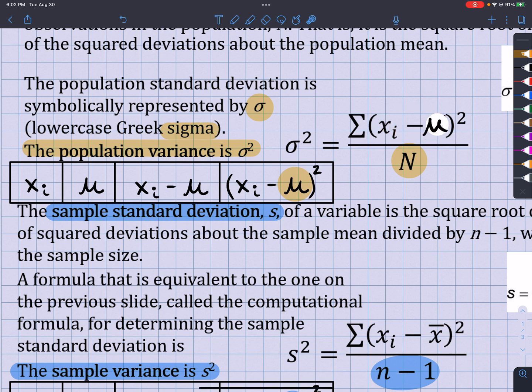After I subtract, I take that number and square it. At the bottom of this column, I add all of those numbers to get the sum of that column. Then I divide by n, and that gives me the variance. If I take the square root, I'll have the standard deviation.